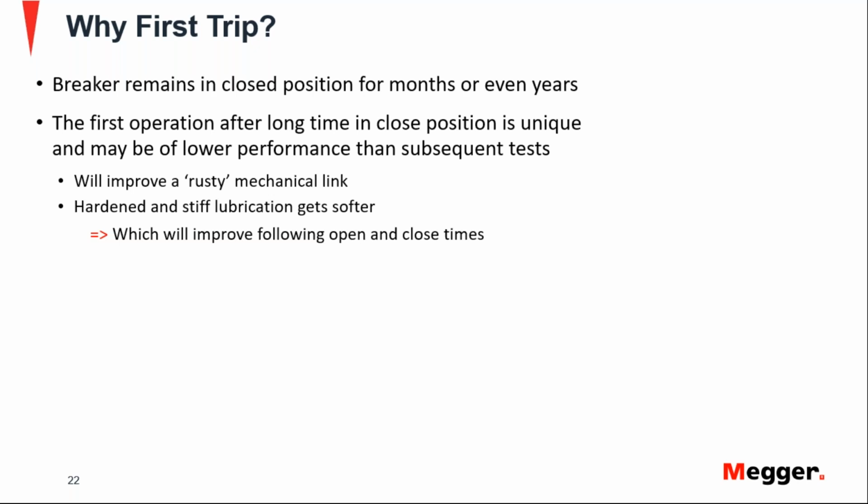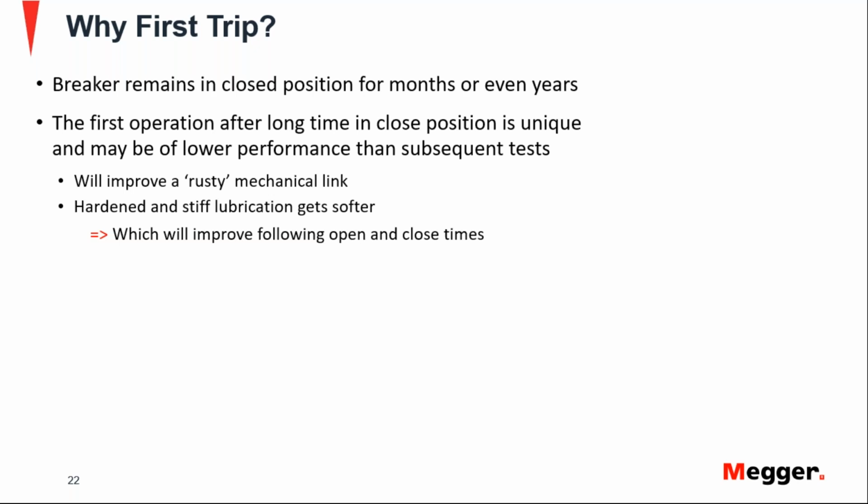Now, after you connect the leads and you're ready to test, you probably have done one or two more operations in preparation for the test. Now the breaker improves. That is like the warm up, and now it's not rusty anymore, and the mechanical links and everything are going to be good.